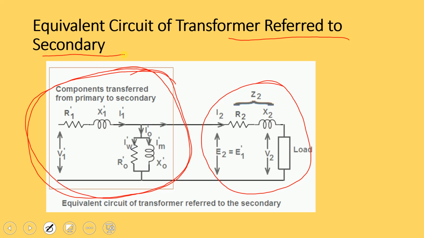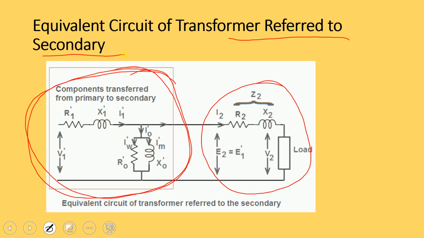Now one question may come to your mind: why are we shifting primary towards the secondary or secondary towards the primary? This is only to make the calculations easy. When we are solving the circuits of transformers, these equivalent circuits make the calculations easy.